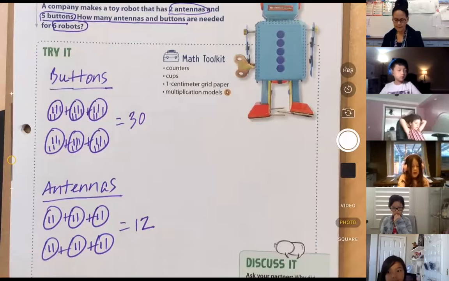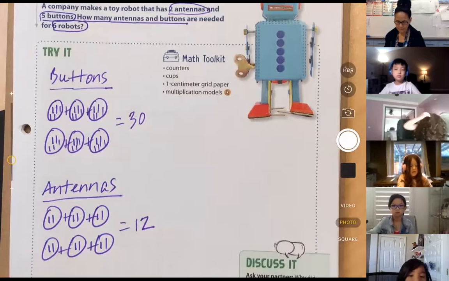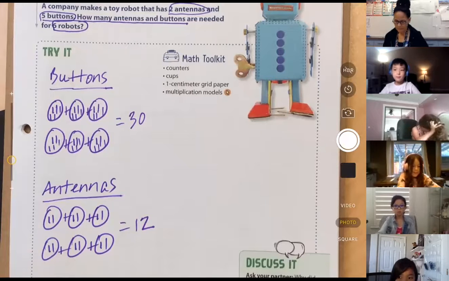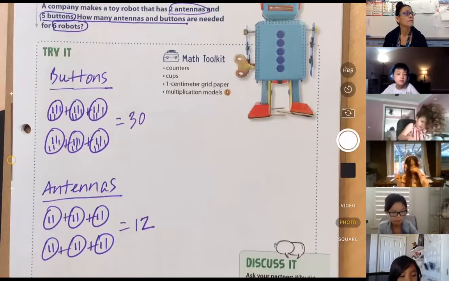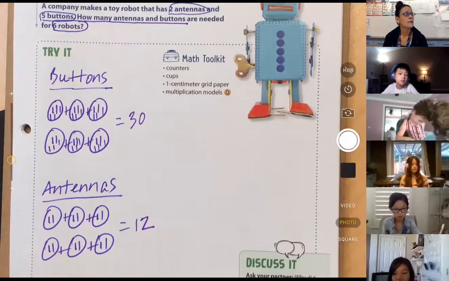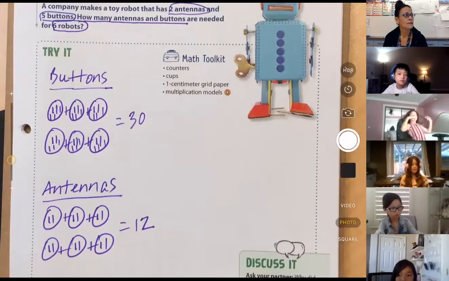You're going to see the multiplication sentences coming up in just a minute. And once you see that, you'll be able to write that down, and then we will come back together and we're going to discuss this a little bit.